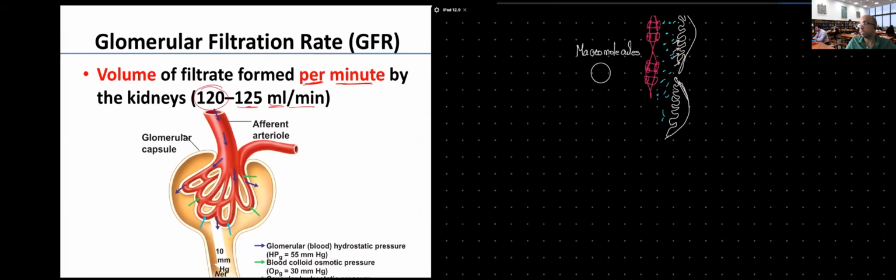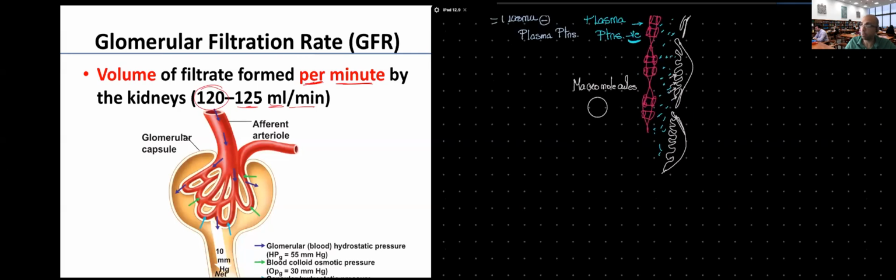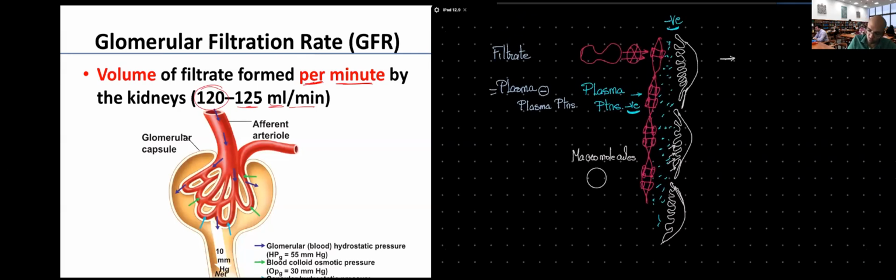So we know that everything can get filtered except for plasma proteins, blood cells, and macromolecules. But what's actually going to be driving this fluid to exit the blood vessels and to travel towards my Bowman's capsules, to move from the blood to the Bowman's capsule for it to be the filtrate?